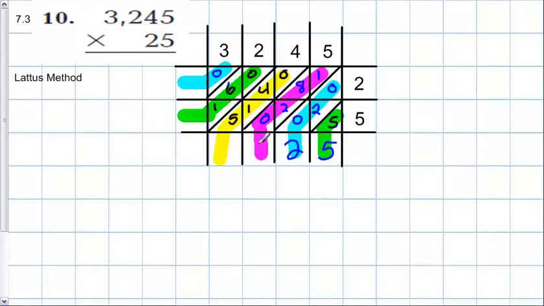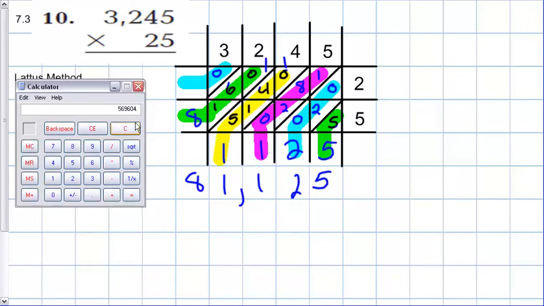You get a 2 here. 1 plus 8 plus 2 is 11. Carry the 1. That's 5, 6, 11. Carry the 1. 1 plus 6 is 7, and another one is 8. So my answer, 8, 1, 1, 2, 5. Remember my comma. Now, go back to my calculator to check.